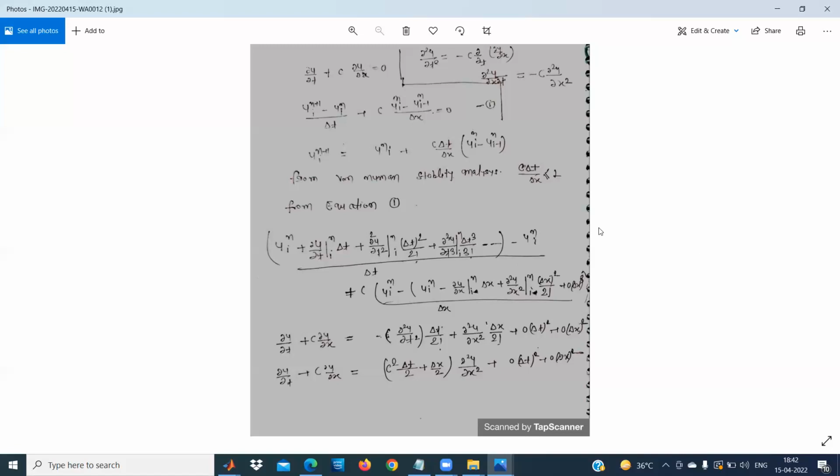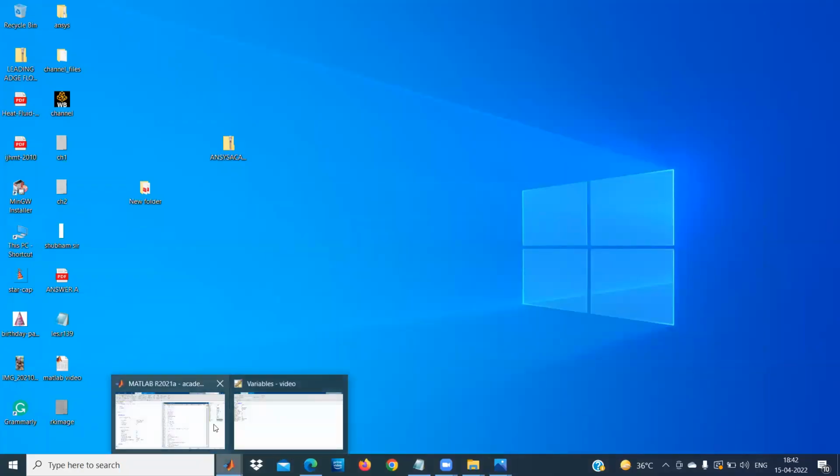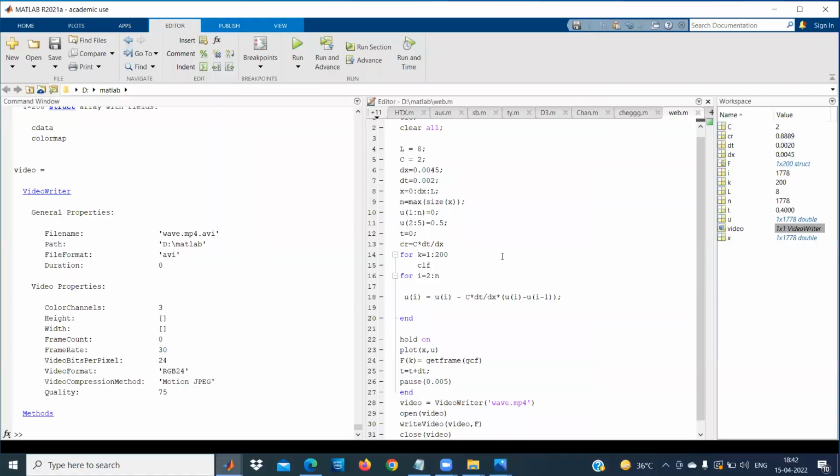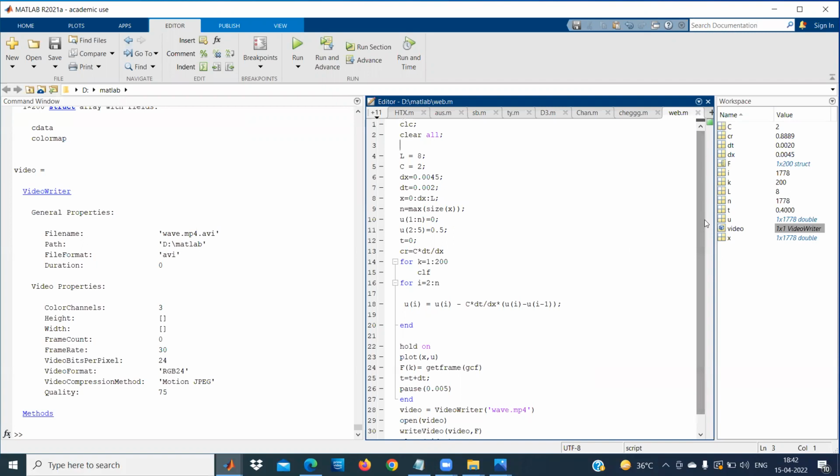Now let me come to the coding. I have done the coding for the 1D equation with upwind. So this is the x span, this is the velocity of the wave, this is the delta x, this is the delta t, and this is the x coordinate.